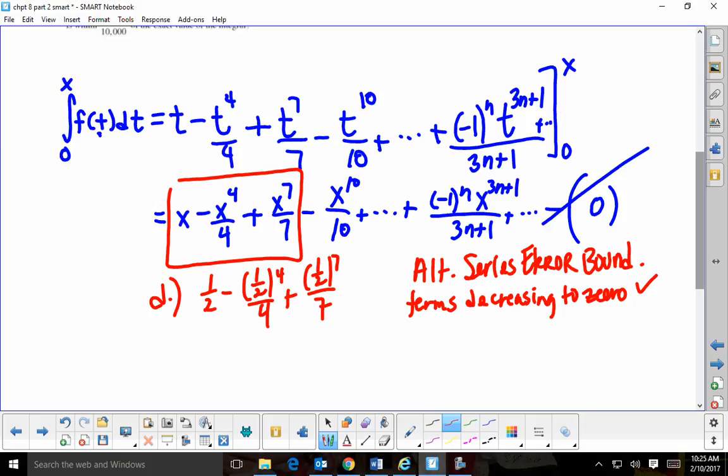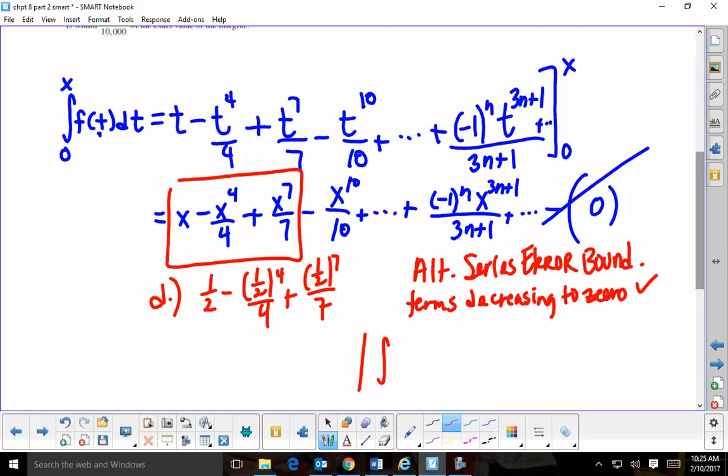So since I've met that condition, what can I say was the alternating series error bound? That the actual, what's the actual in this case? Well, look at what's going on in context here.